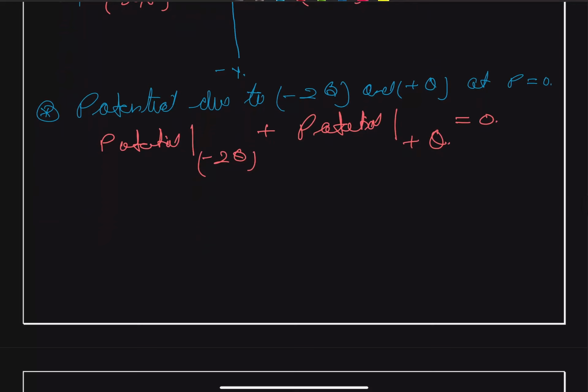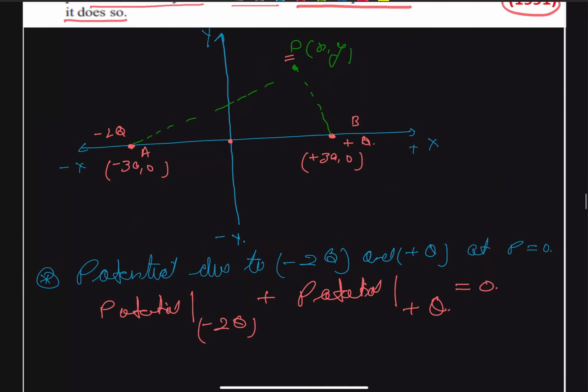And we can find this out easily. Potential due to minus 2q at point P. Let us draw this perpendicular. So this height will be our y, and this coordinate will be our x.